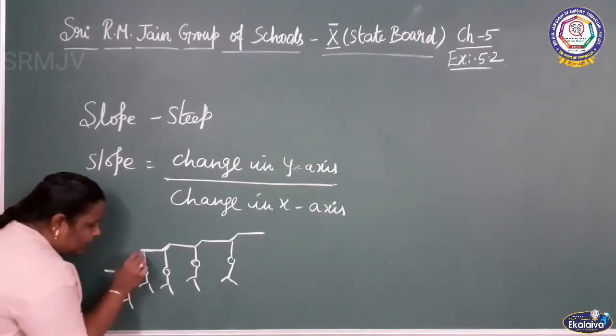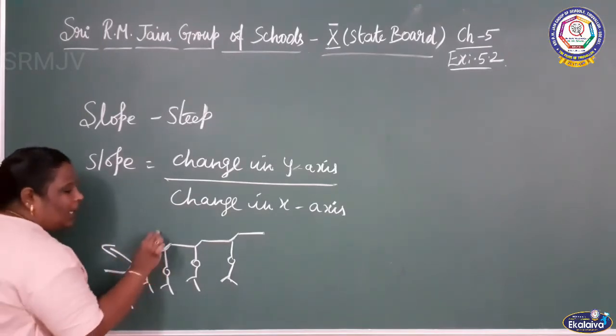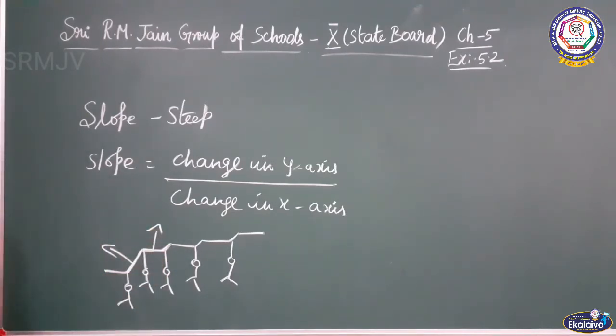See, this is the greatest slope, because it is tilted, the slope level is high. This is the greatest slope, and this is the smallest slope. Different lines are tilted at various angles in this.